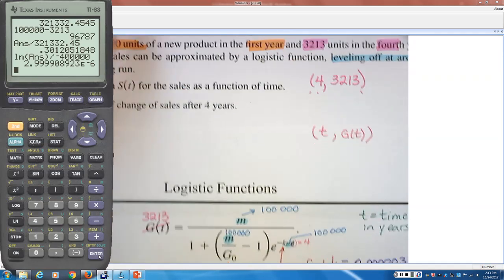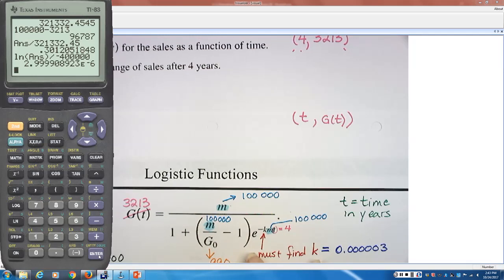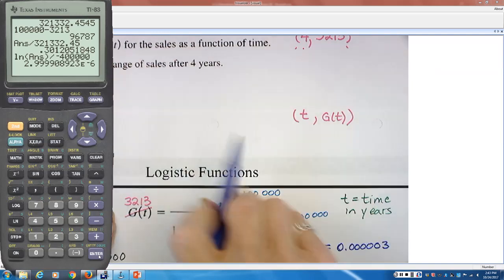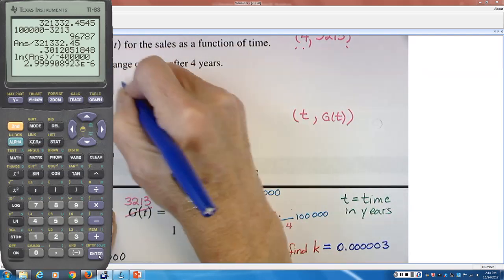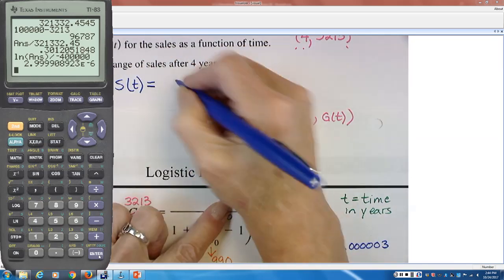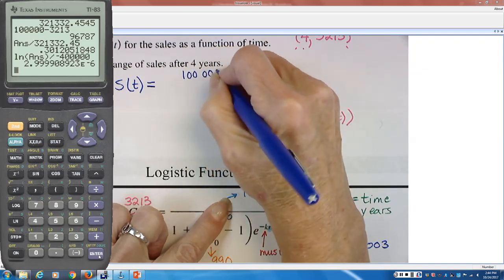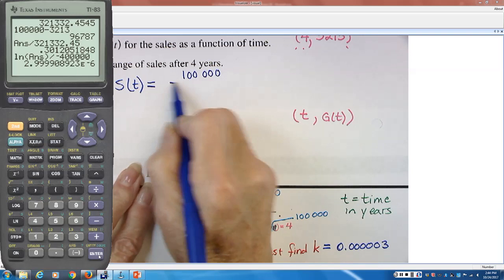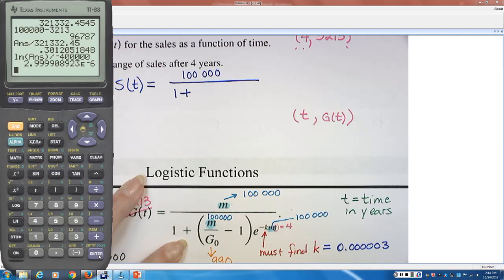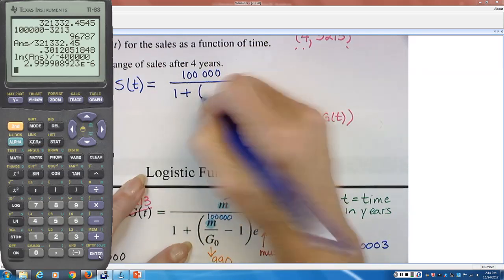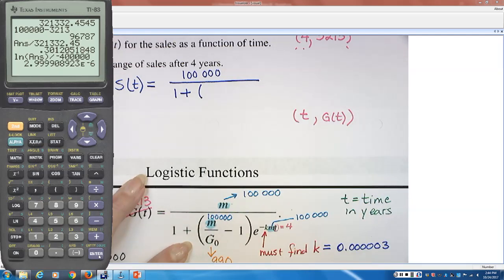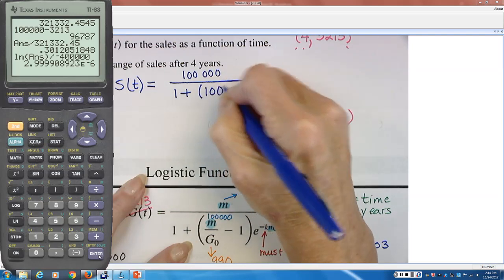So our formula for part A, G of t, or in this case they want us to call it S of t, is equal to 100,000 over 1 plus, for this part, the formula says 100, because this actually comes out to be really, really close, if you notice, to 100. We don't lose anything by just calling it 100.